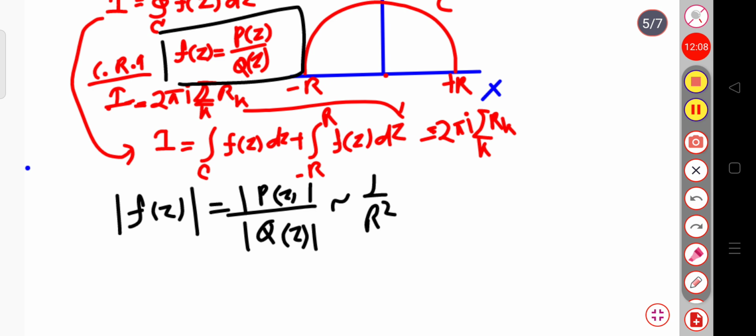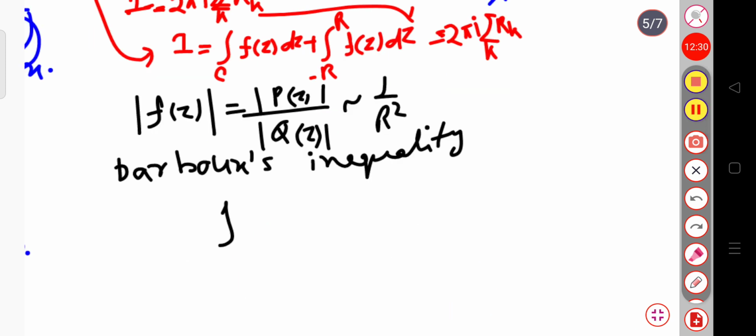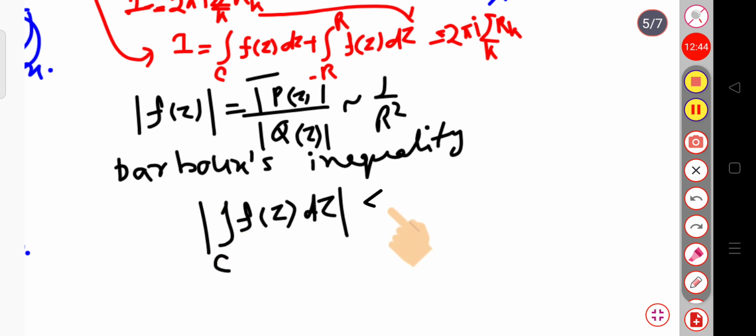So according to Darboux inequality, Darboux suggests that the modulus of the integration over the closed contour C of f of z dz is less than or equal to the maximum value of this function times pi r.